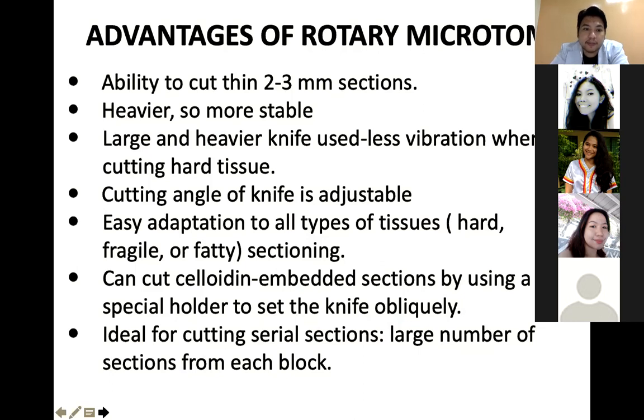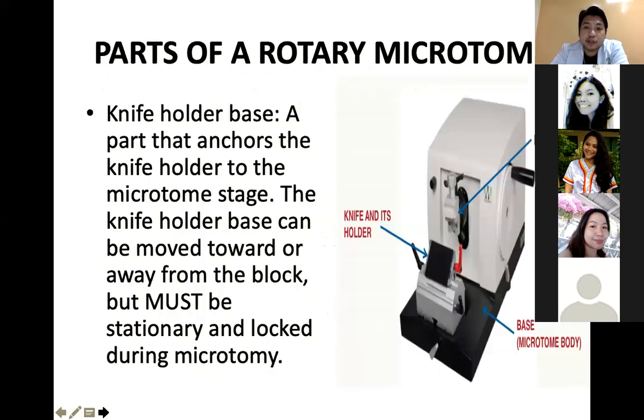Easy adaptation to all types of tissues. It can cut celloidin embedded sections by using a special holder to set the knife obliquely, and it is ideal for cutting serial sections, such as a large number of sections from each block. So those are the advantages of using a rotary microtome.